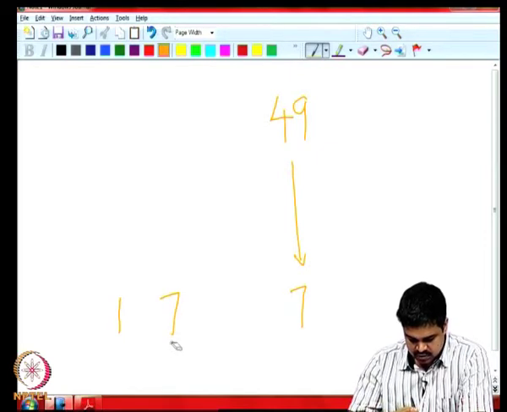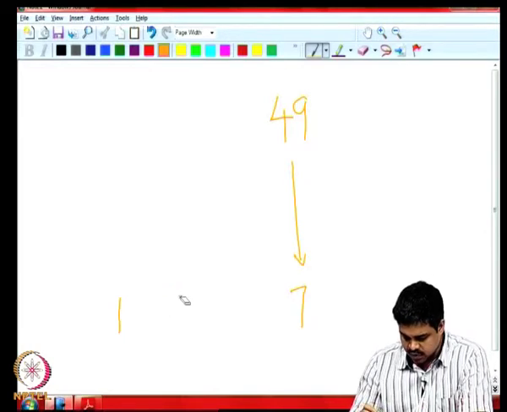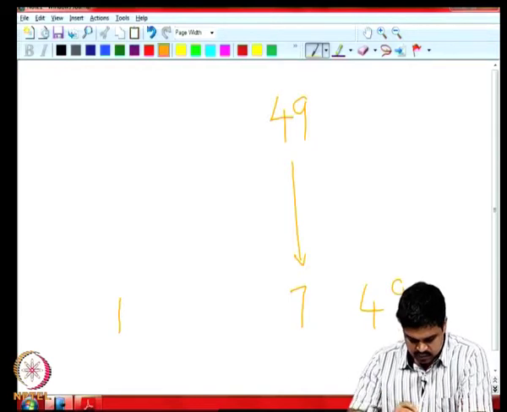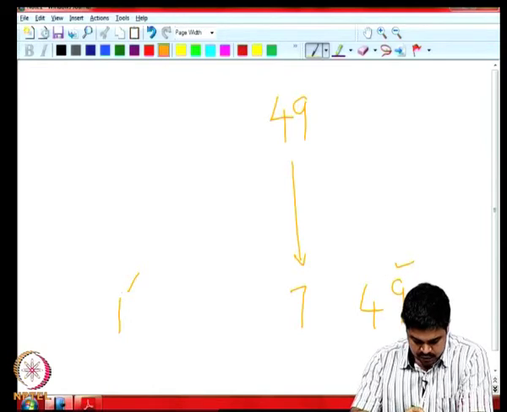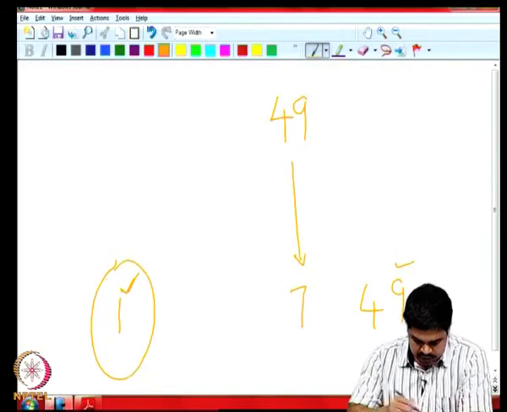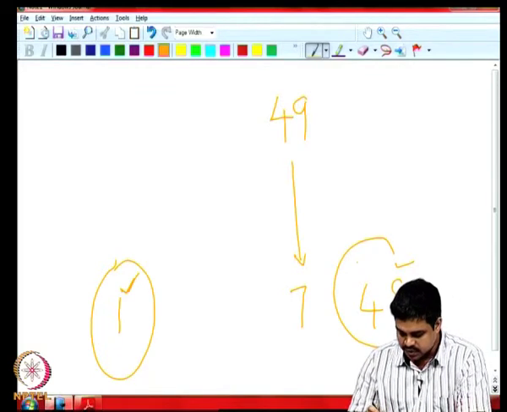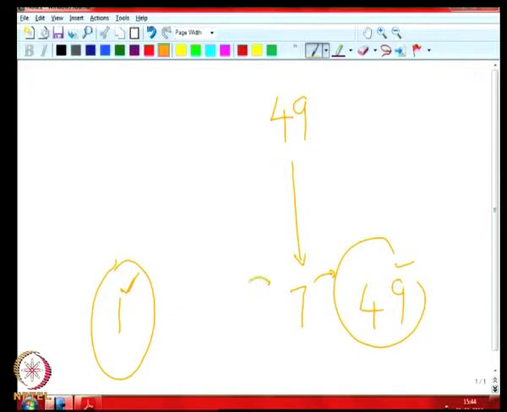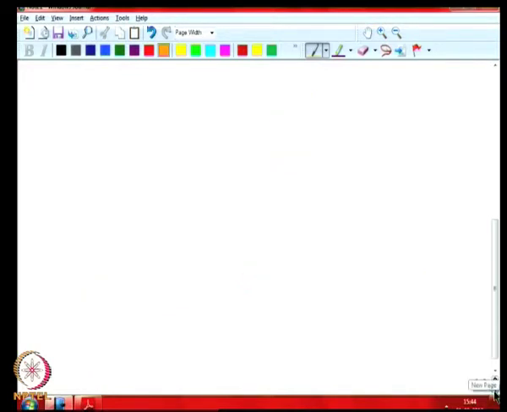Similarly, above 7 you can only see 49 itself. So, just one here and one here: the number of divisors above 7 is equal to the number of divisors below 7. That is what we see.